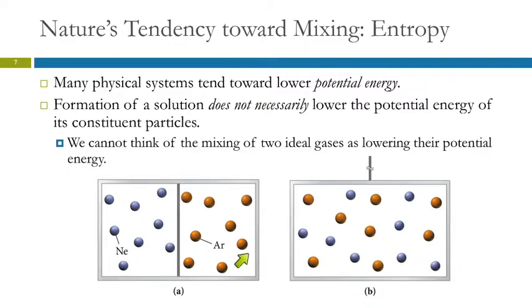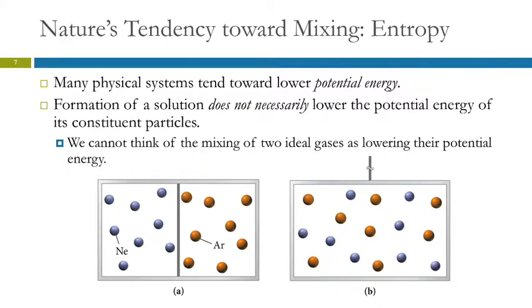If we look at this example here, we have a box where we have neon gas and argon gas, and those two gases are separated by a divider, kind of like the water example. If we remove the divider, just understanding kinetic molecular theory of gases, that the particles move in straight lines until they run into things, we could predict that the gases are going to mix.